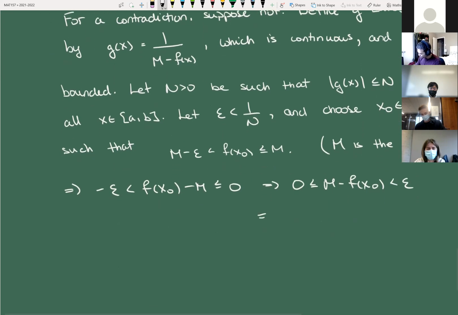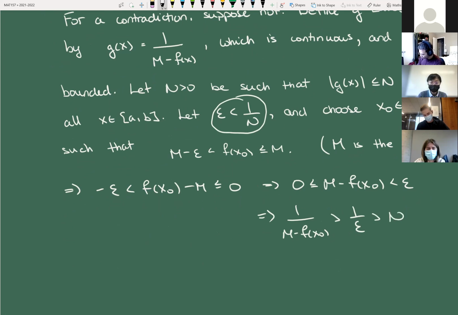And then if I take 1 over, it also flips it. So I'm going to get 1 over m minus f of x naught is greater than 1 over epsilon. But that should be greater than n, and that's a contradiction with the fact that g of x is less than or equal to n, right? And so we're done.